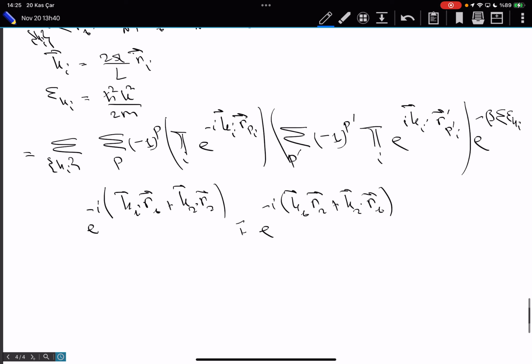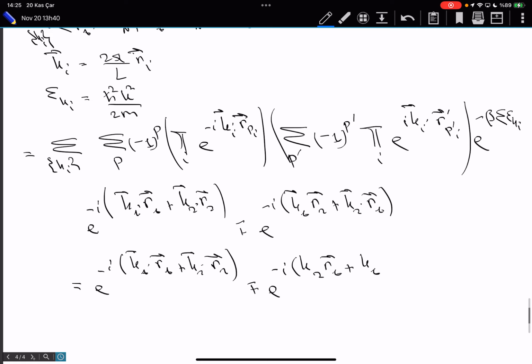But this is the same thing as e to the power minus i K1 R1 plus K2 R2, plus or minus e to the power minus i K2 R1 plus K1 R2. I just changed it: this term became this one, this term became this one. So rather than permuting the coordinates, I can permute the k's. It's the same thing. That's the idea.